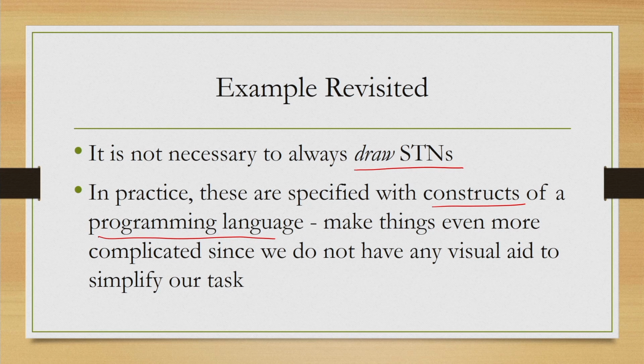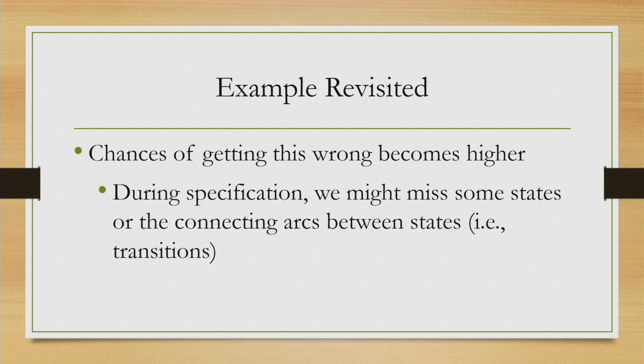Unless we are able to visualize the whole system, we are likely to make mistakes during specification as well. For example, we may miss some states or some connecting arcs between states during specification because we are unable to visualize it.